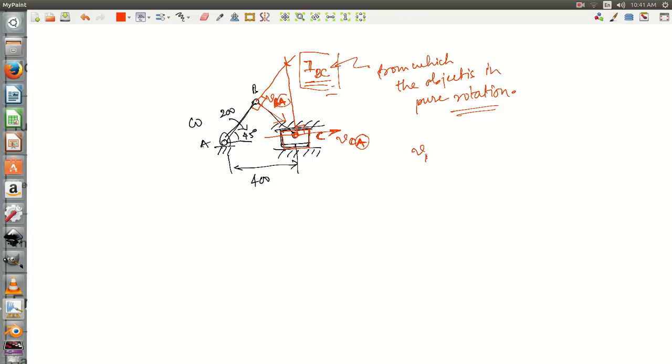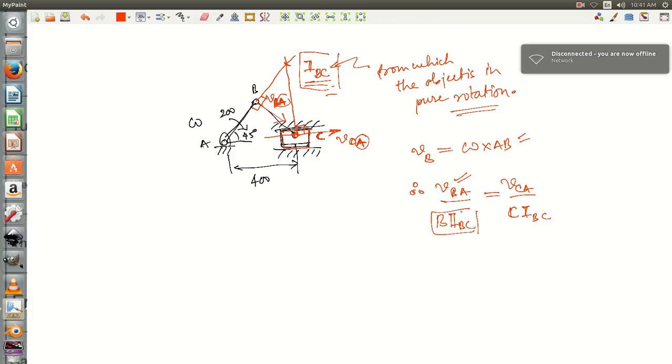We already know the velocity of B, which is omega into AB, right? Therefore velocity of B with respect to A divided by B I_BC is equal to velocity of C with respect to A divided by C I_BC. Here VBA is known.